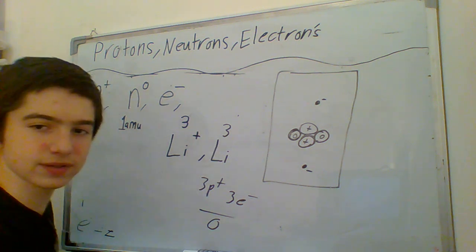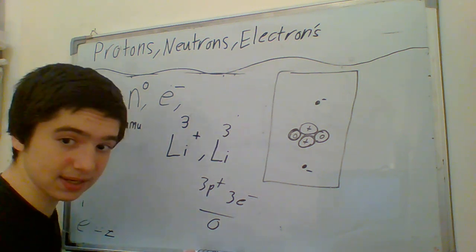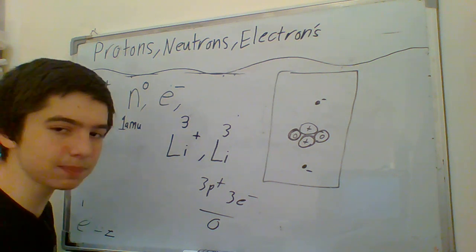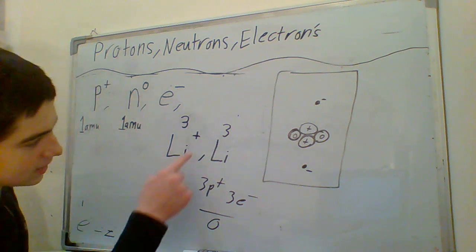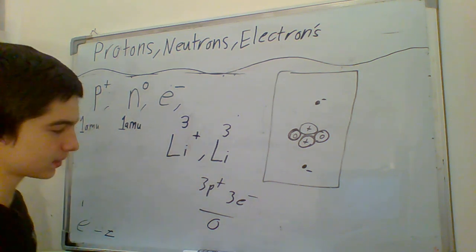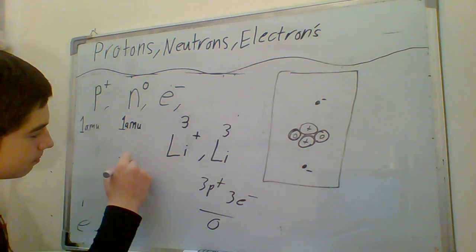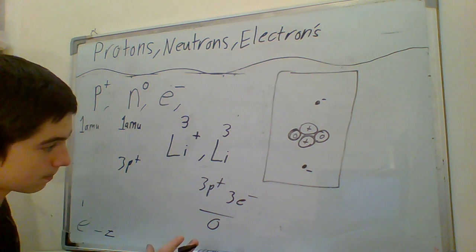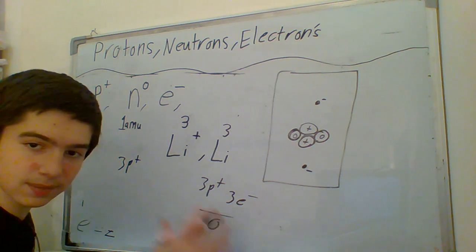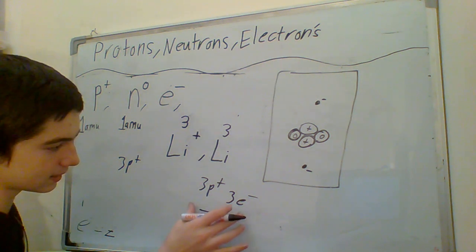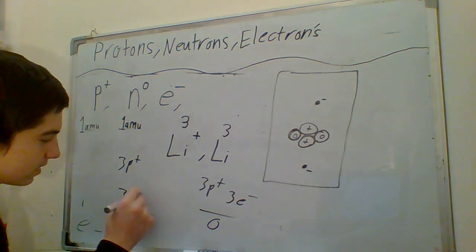What about if it's an ion? That is an easy way, because it's simply math. We can see the sign is plus, yeah? So what do we do? The number of protons, we write 3 P plus. That's for sure. And when the atom is neutral, it has 3 E minus.